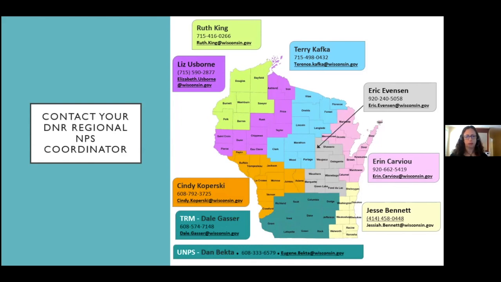So if you end up getting reimbursed $50,000 for the practices, 5% of that is the cap for engineering, if the county is the one doing the work. There is no cap on engineering, apart from the cost share rate, if that is done by a private consultant.